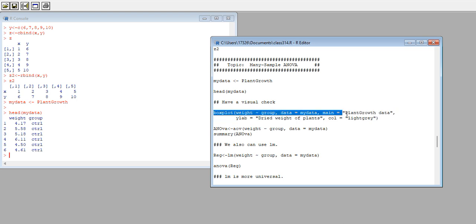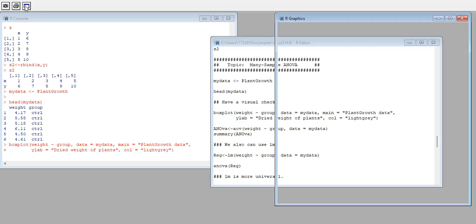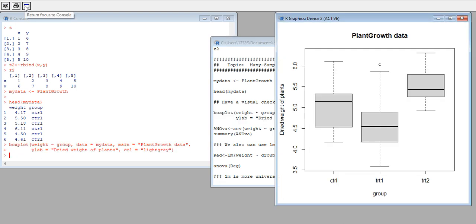Okay, so here we have 3 groups: the control group, then treatment 1, treatment 2. This is a typical example of medical data, where we want to compare 2 treatments.